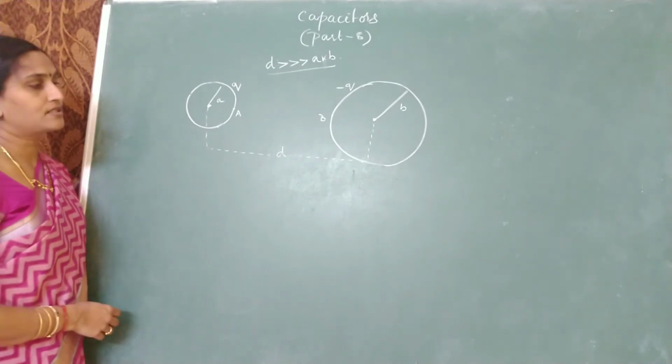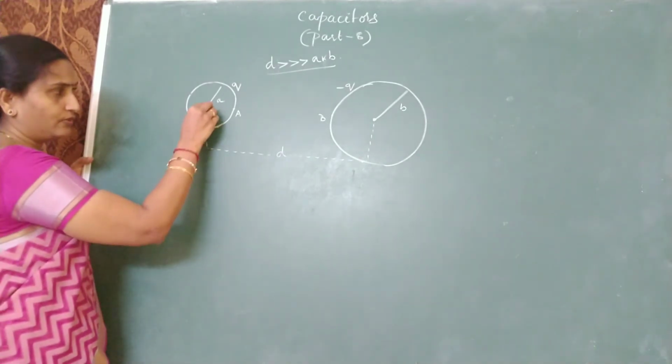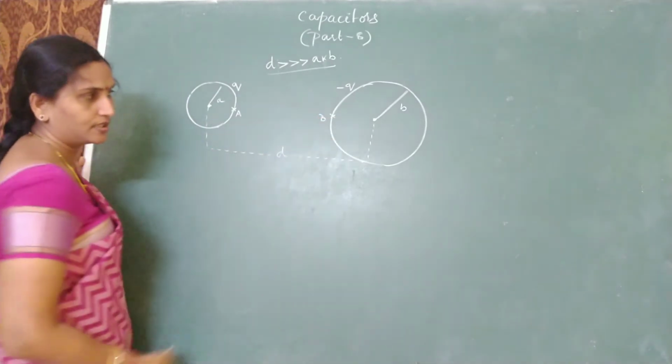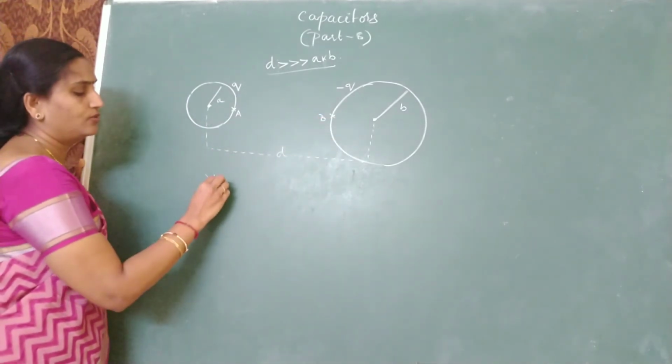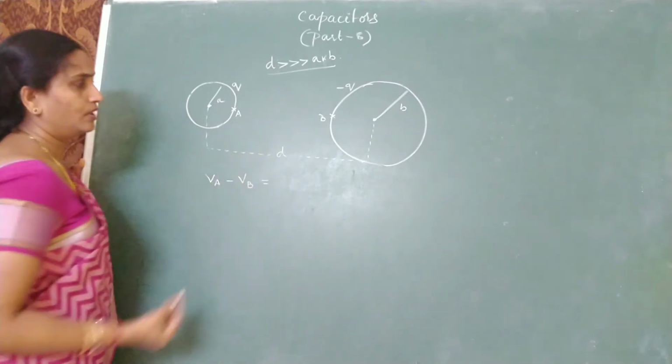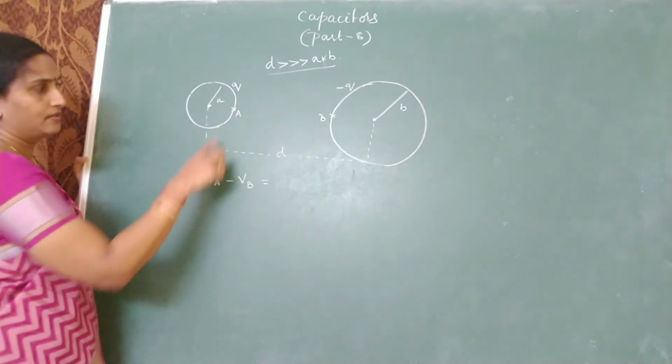To get the capacitance of this arrangement, we will again find out the potential difference between the points A and B. So I'll find out VA minus VB. What is the potential at A?